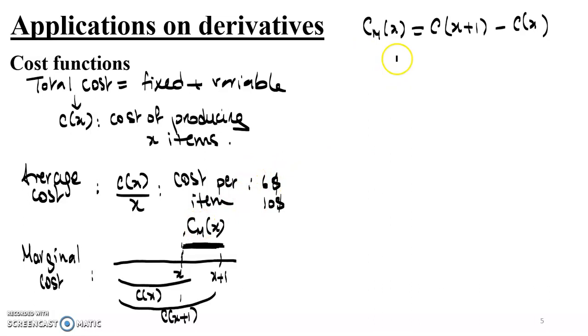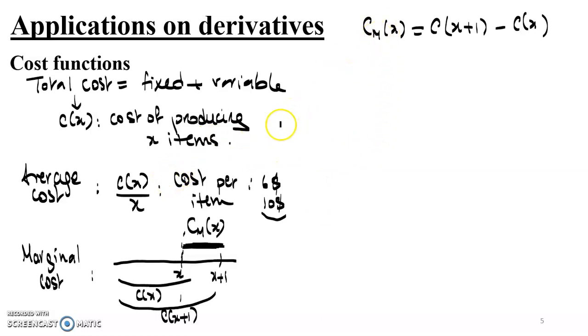So if producing that extra item would cost, for example, $7, then in that case I know I'm still below my selling price, so producing that extra item would still give me profit, so I would proceed with the production.